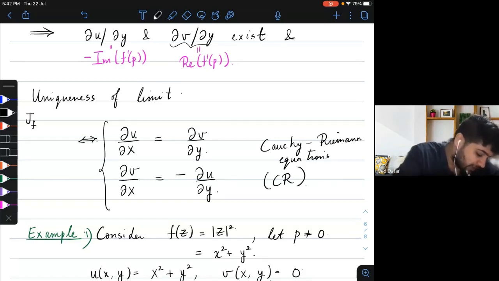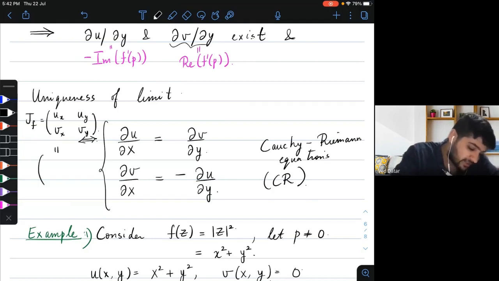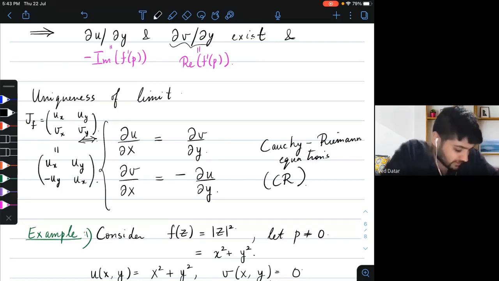The Jacobian matrix is just u_x, u_y, v_x, v_y, right? The Cauchy-Riemann equations will imply that the Jacobian matrix is u_x, u_y, and then you replace v_x by minus u_y, and v_y by u_x, right?